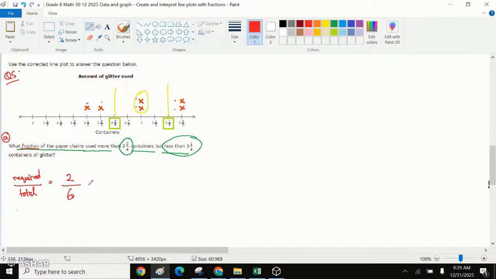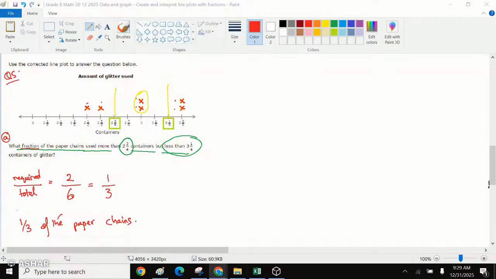But since this fraction can be simplified, it can be written as 1 upon 3 as well, right? So we can say 1/3 of the paper chains weighed between this given range. The weight was between the given range. So that's what we need to consider.